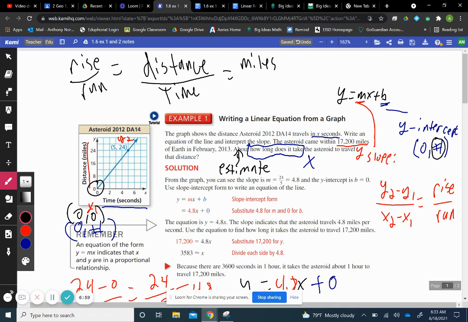In words, this division means per second. And how fast did we go? What was our slope? It's 4.8. So our slope is saying that the asteroid is traveling 4.8 miles per second.